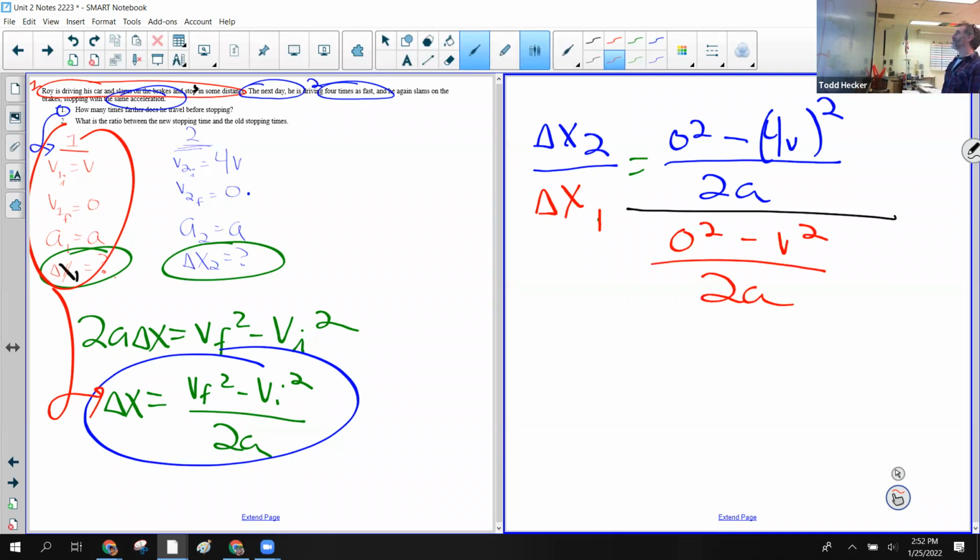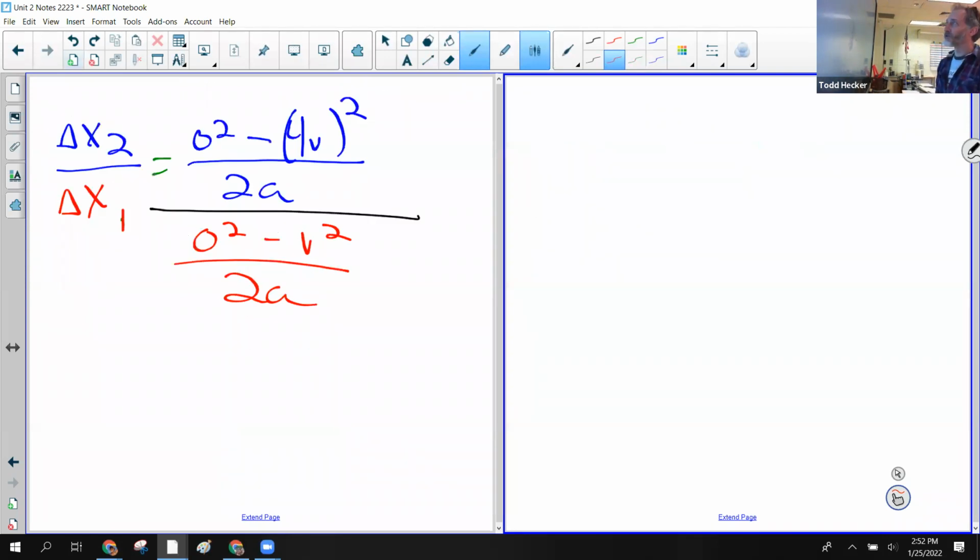And now it's algebra. So I don't know how you want to algebra this. I'm dividing fractions. So let's multiply by the reciprocal. So the blue becomes 0 minus, let's see, 4v squared is actually 16 times v squared. 0 goes away, all over 2a. So that's the blue part simplified.